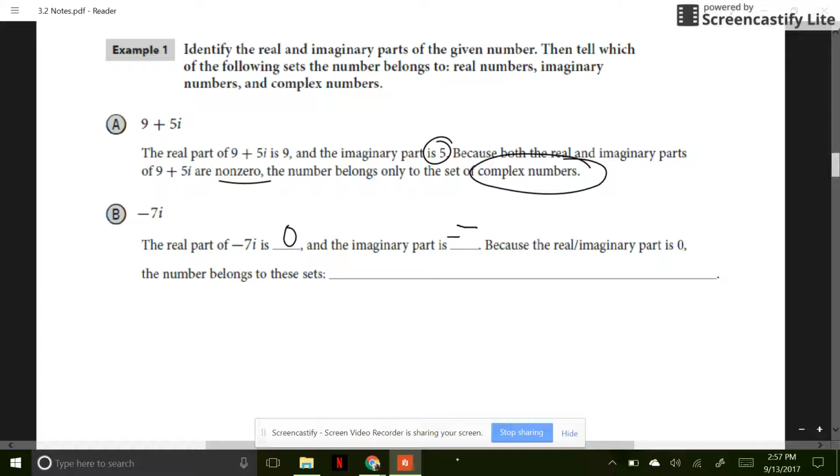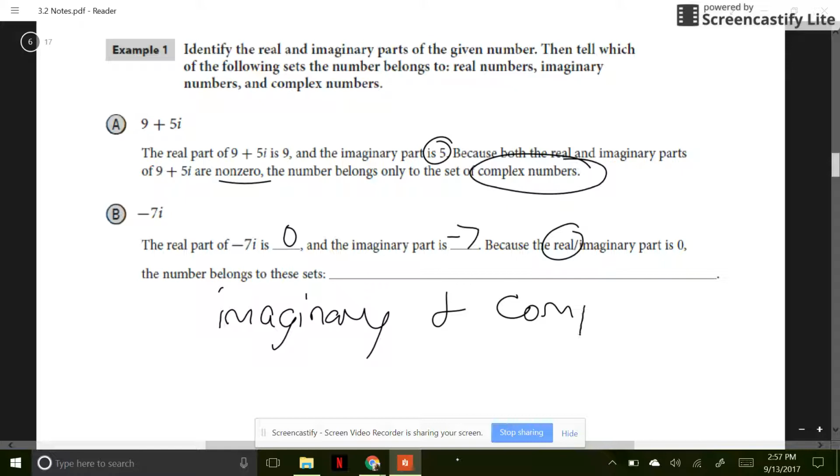The imaginary part is negative 7, the coefficient in front of the i. Because the real part is 0, the number belongs to both imaginary and complex. So in A, it's just complex because it has two terms. Here in B, it's the imaginary and the complex.